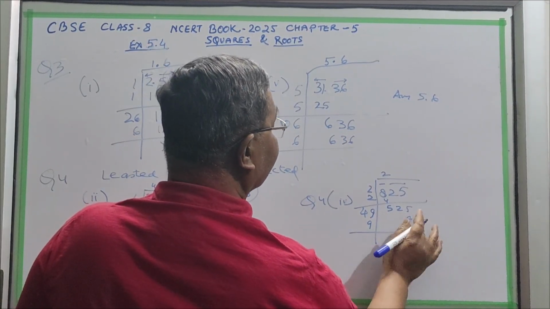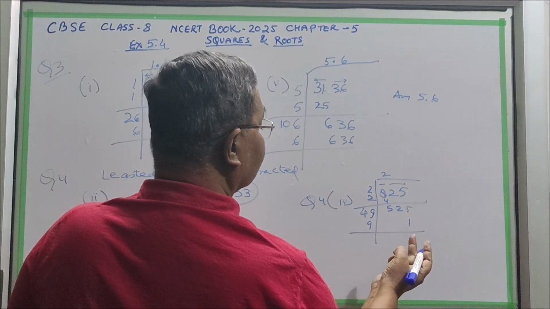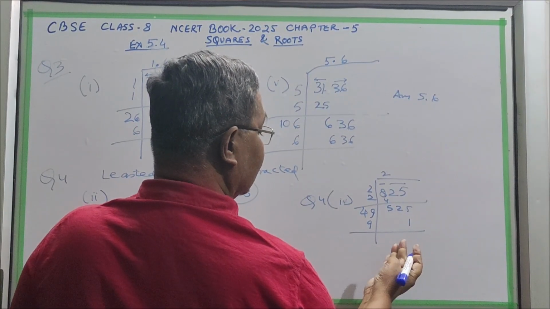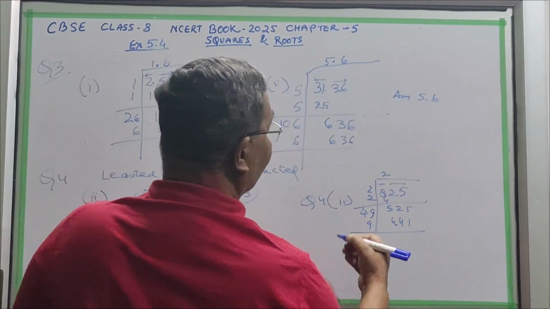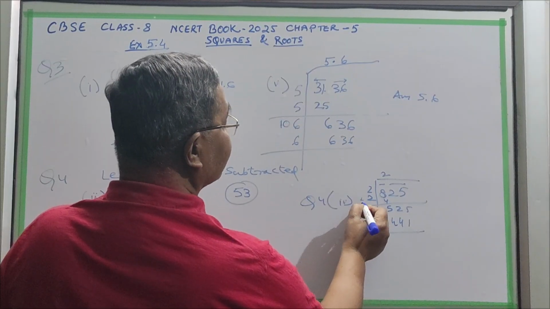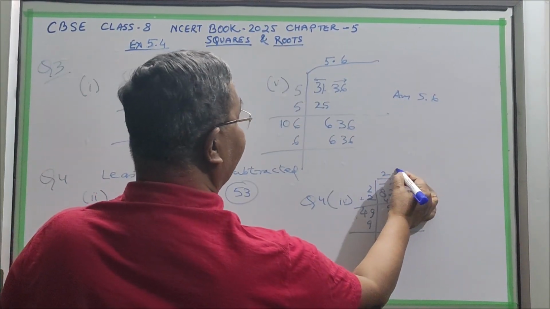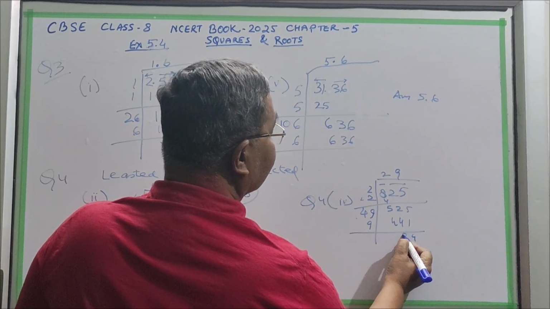Suppose we are taking more than this we cannot go, okay, because 2 2s are 4, plus is 4, and then the number you are taking 9. Okay, so the number is 84.